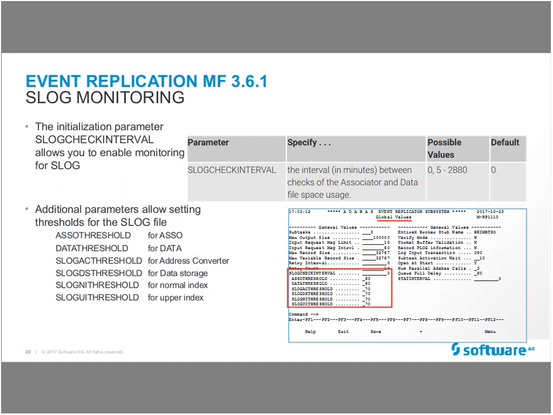We just talked about S-log monitoring. So this is now what you can do. And you see down in the global values in the replication subsystem, in the administration, you can set an interval. It's the same. With this interval, a new set of thresholds becomes visible, as you can see for SO data, for the replication server, because at the end it is a database, for the address converter, data storage, normal and upper index.